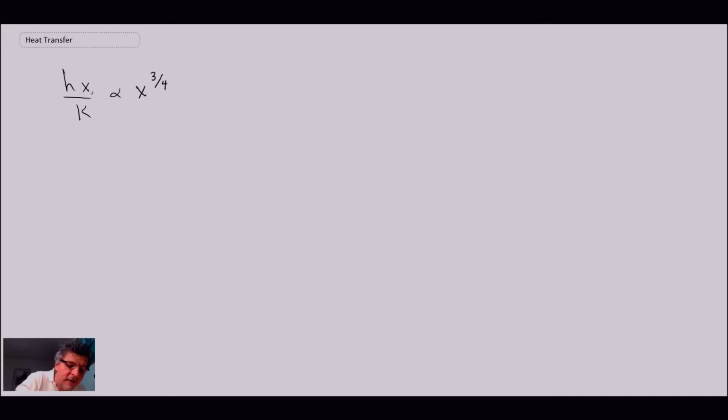And then notice that we have the x here. So if I want to isolate for h, h is going to be a function of k, but k is a constant, so we don't have to worry too much about it, over x to the 1/4, or x to the minus 1/4.